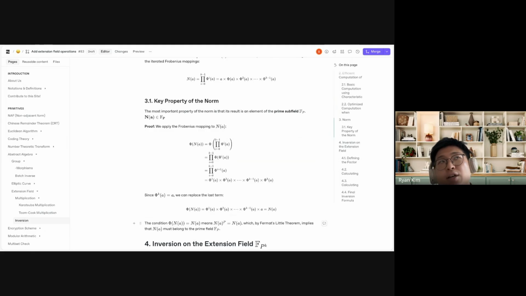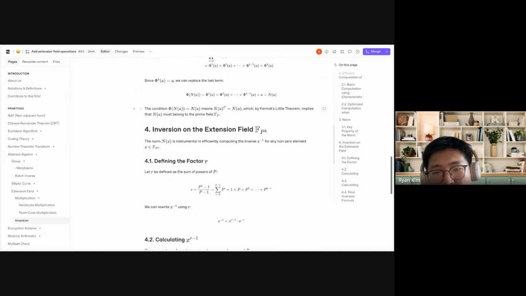So the fact that the multiplication order is p minus 1 implies that this is the prime field. So the norm is always in the prime field.